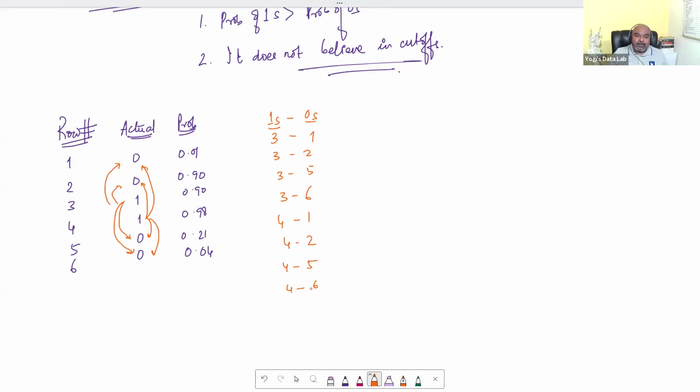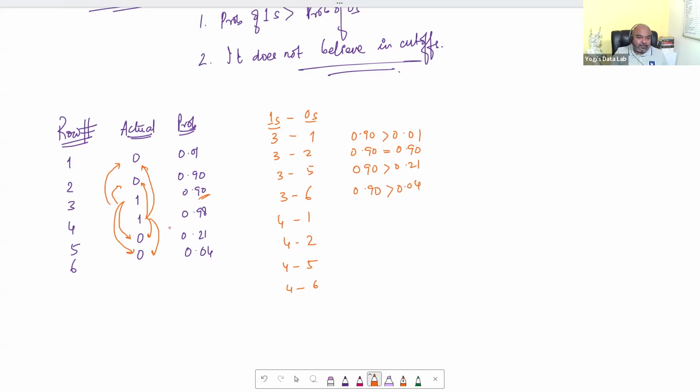Once the pairs are created, it checks if the probability of ones is greater than the probability of zeros. So 0.90 is greater than 0.01. Good. Here 0.90 is equal to 0.90. Then 0.90 is greater than 0.21, and 0.90 is greater than 0.04.